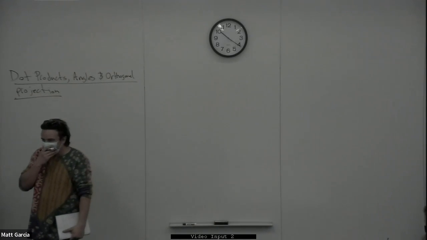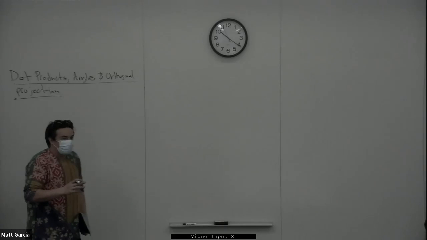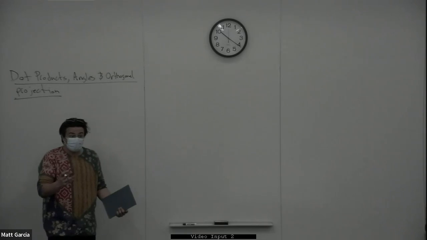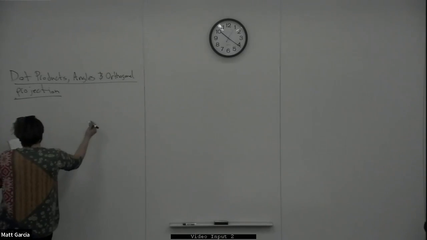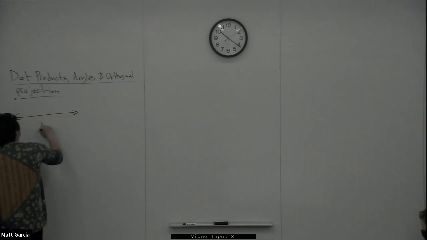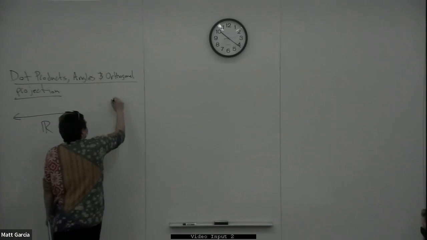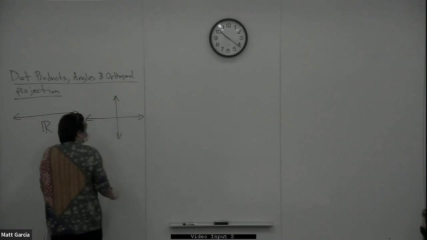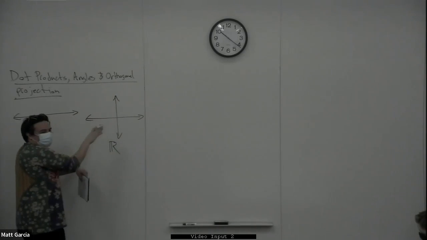So geometrically, you're probably at least slightly familiar with viewing, say, for example, the real numbers as a geometric object, a line, right? So here's the schematic diagram. Here's R, a line. Similarly, I can look at two copies of R arranged in a perpendicular fashion.